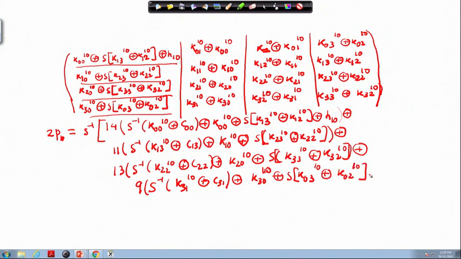This is one part, and you have to do the same for the faulty cipher. I am not writing that, you just replace these equations with the star variants of them.